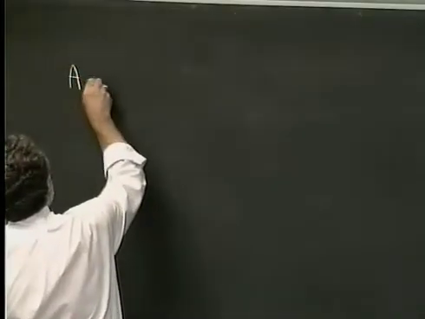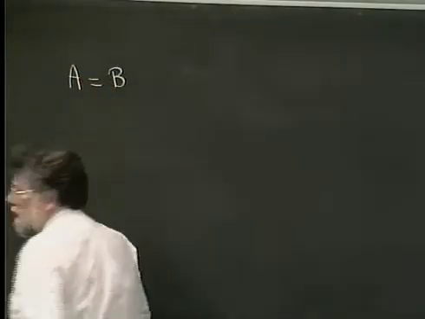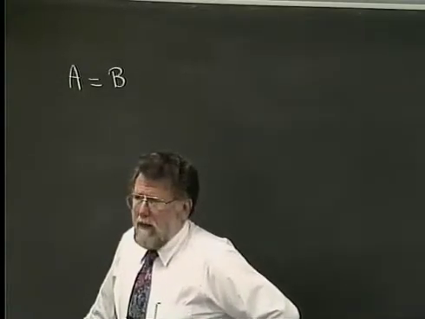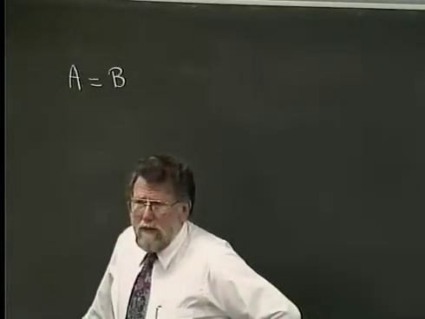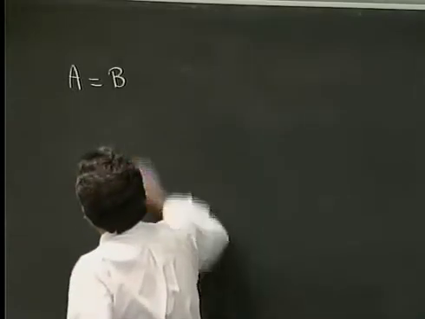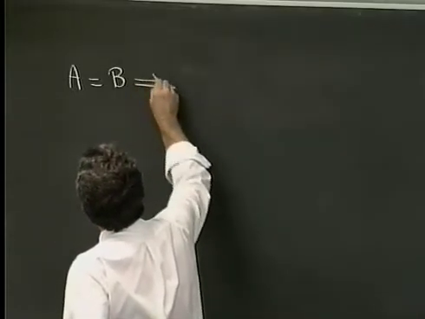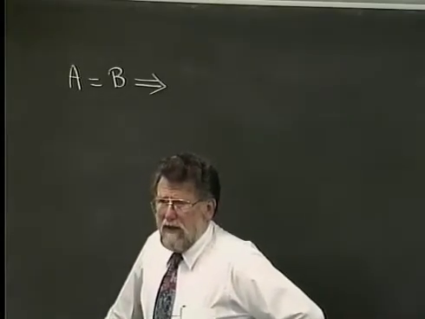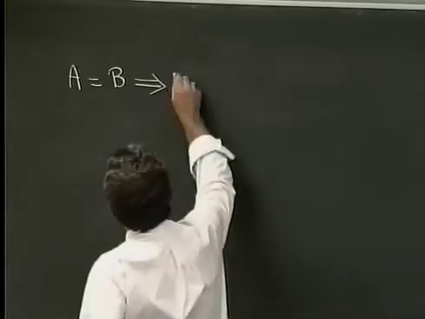So as we go to this left side of the board, I believe your text and authors use big A and big B for A equals B for real numbers. Now the argument is that A is equal to B. If that's true, then this implies, and notice this is not an equal sign, this is an implication arrow, that B is equal to A.